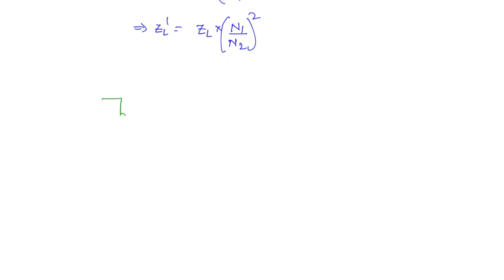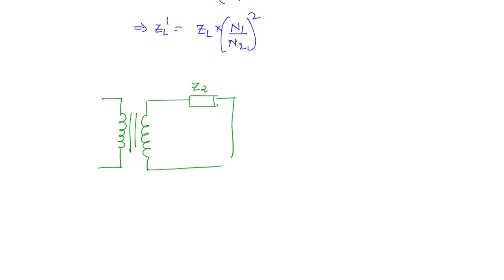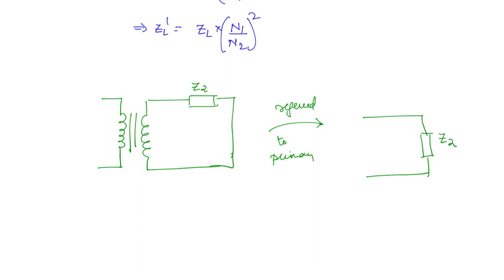So let us say this is the transformer primary and on the secondary we have an impedance Z2, because it is secondary I am taking it as subscript 2, and now you want to refer to the primary side, then you will get an impedance here which is Z2 dash.